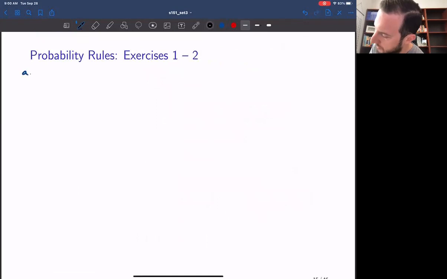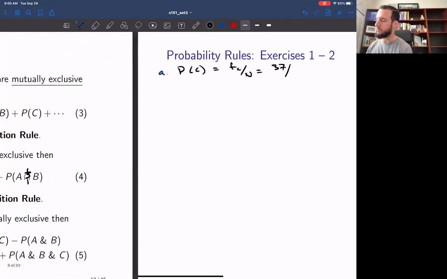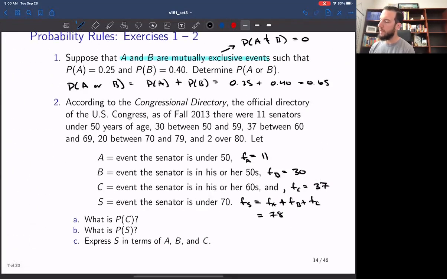So P of C is going to be little f of C over capital N. We had 37 here. We need to work out capital N, which is the sum of all of the different senators within this directory.